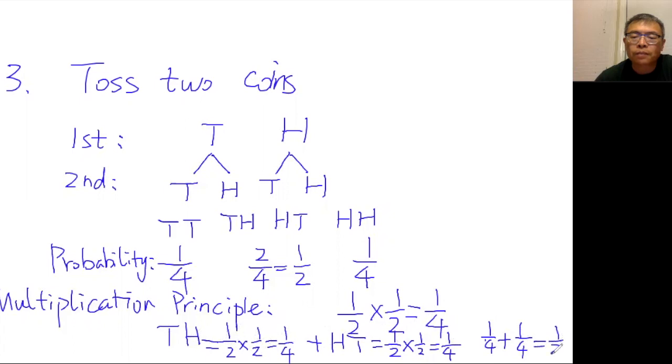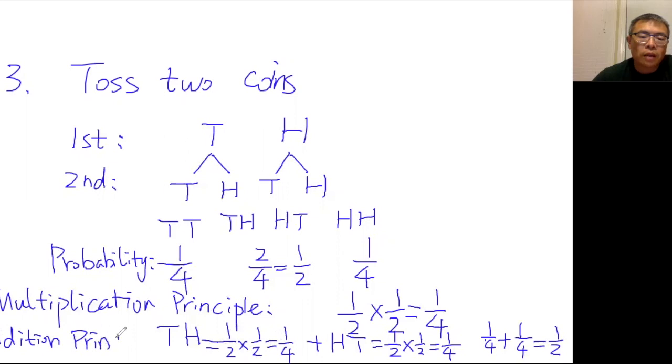So this part is related to the multiplication principle. And in the second case, we actually use another principle called the addition principle of probability. So what is the multiplication principle?